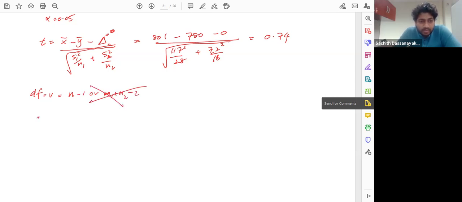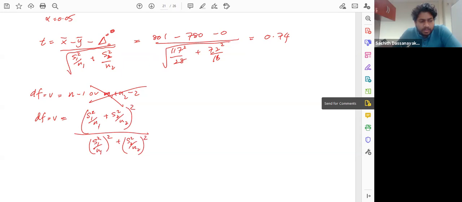In this case, you have to find the degree of freedom using, you remember there was a giant equation: (s1 squared over n1 plus s2 squared over n2) squared, divided by (s1 squared over n1) squared over n1 minus 1 plus (s2 squared over n2) squared over n2 minus 1. Do you remember this one?